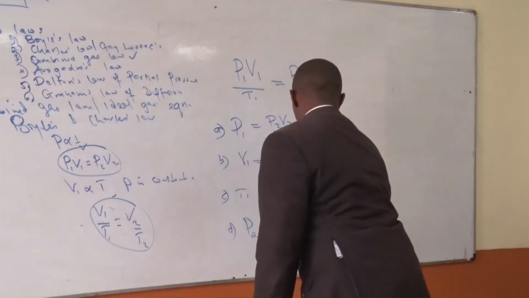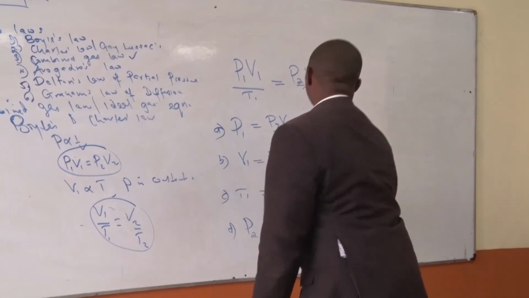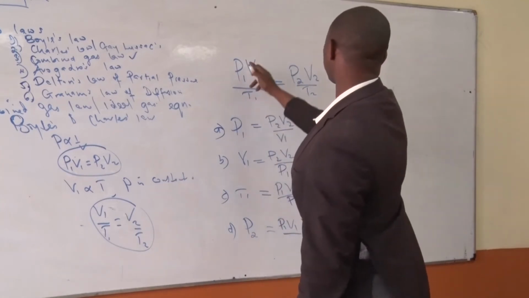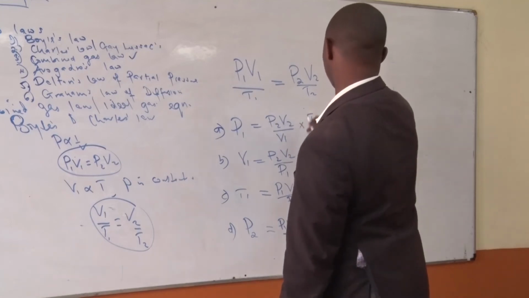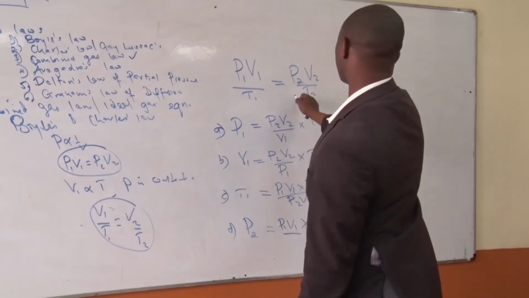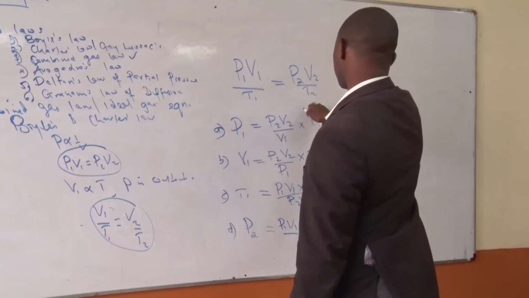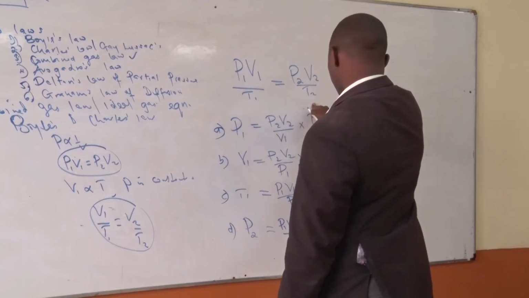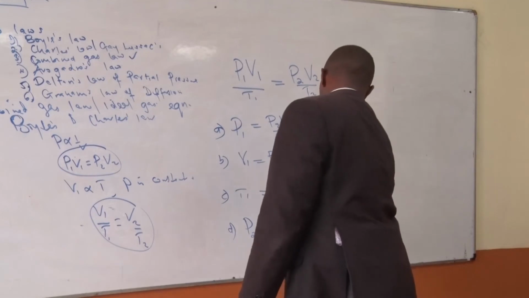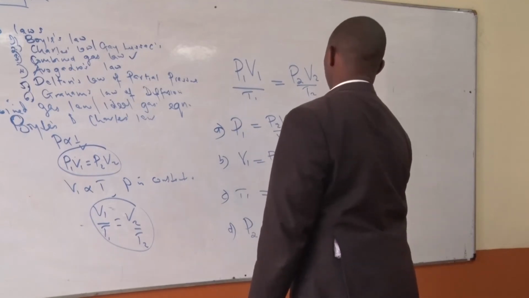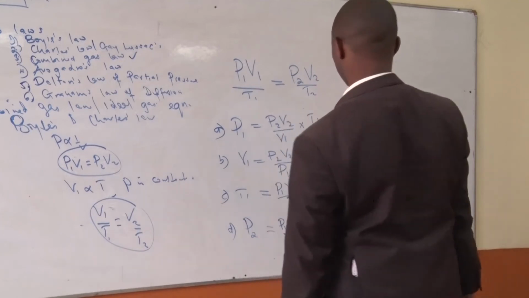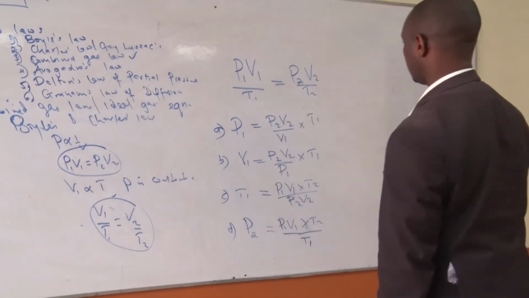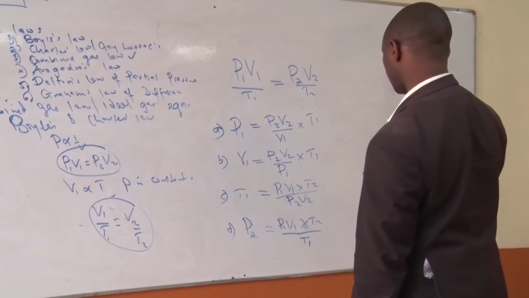So P2 is equal to P1 V1 times T2 all over the value of T1.